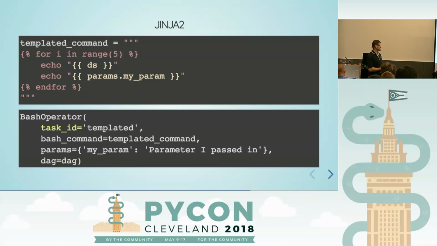This is a parameter that Airflow is going to inject by default. But we can also specify this params dictionary and pass in parameters that we're referencing inside of our Jinja 2 template. So this becomes very powerful. I believe pretty much all the database operators also use Jinja templating optionally.